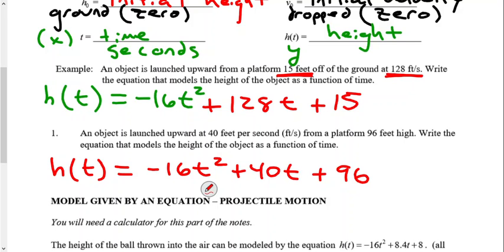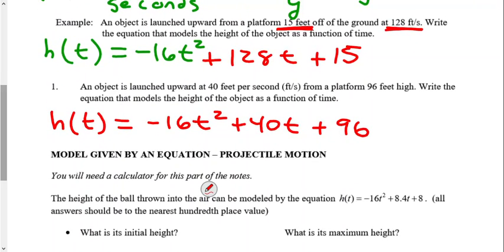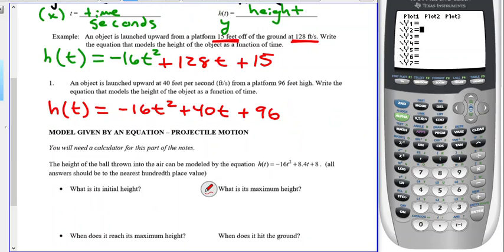The next thing, you'll need your calculator for this. Go ahead and pause the video and get your calculator out if you haven't already. If we give you an equation in this format, in this notation, you should be able to plug it into your calculator and analyze it. So go ahead and put this into the calculator.